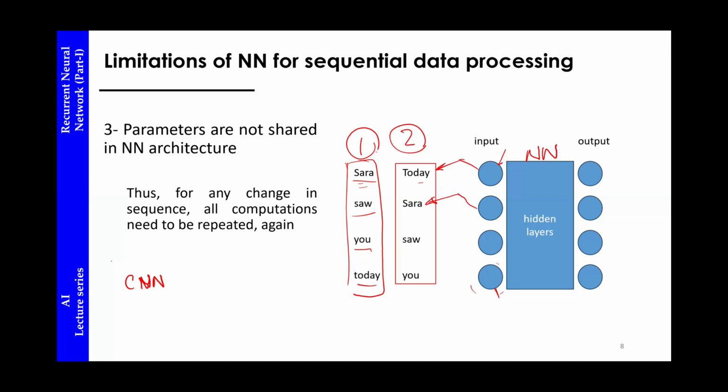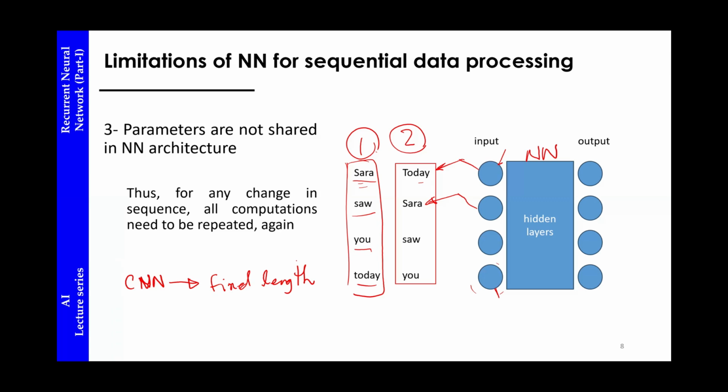If you change the order of the sentence, we may not need to rerun the model again, but convolutional neural networks need a fixed length of input. So fully connected and convolutional neural networks both have this challenge in working with sequential data. How to cope with these challenges?